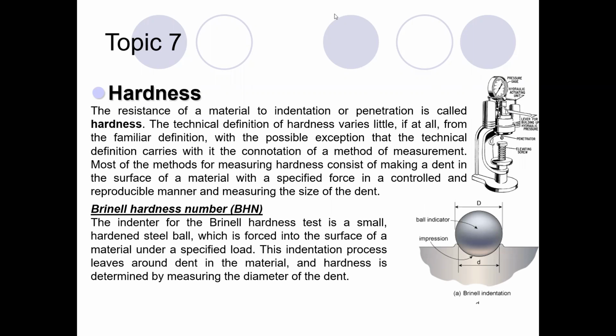We put the material in that place, and we force an indenter into that material. The indenter is some metal with a special shape. For different types of examination, we have different indenters.